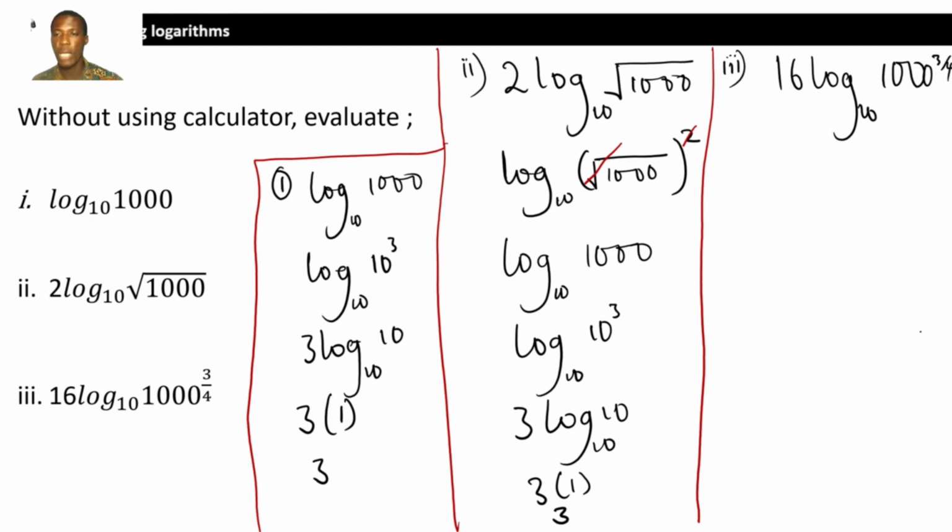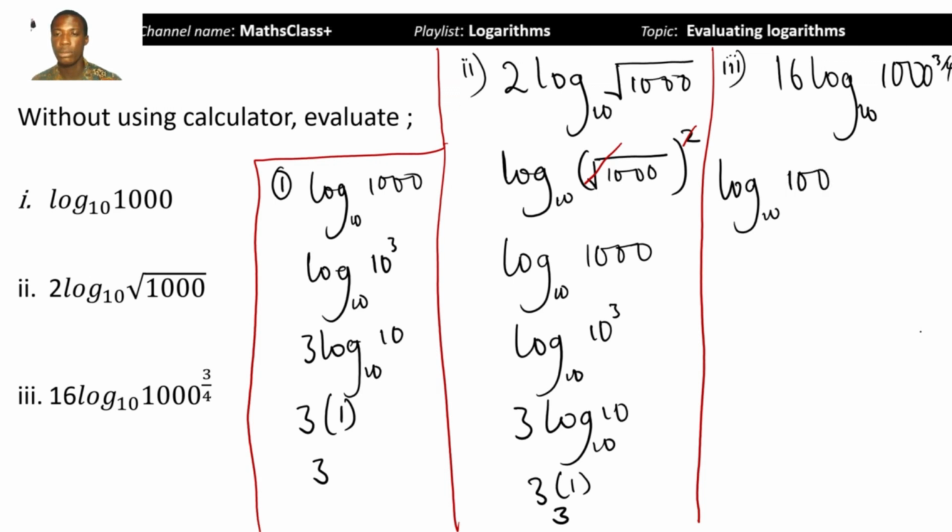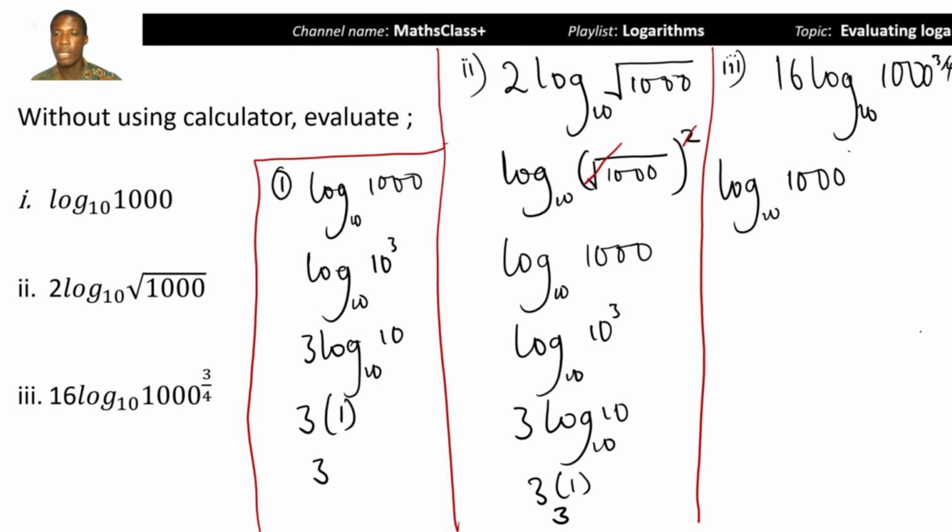Okay, so this one, we can also rewrite it as log to the base 10 of 1000 to the power 3 over 4, and then everything to the power 16.